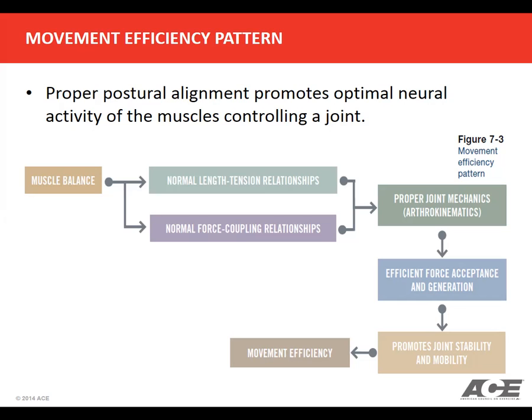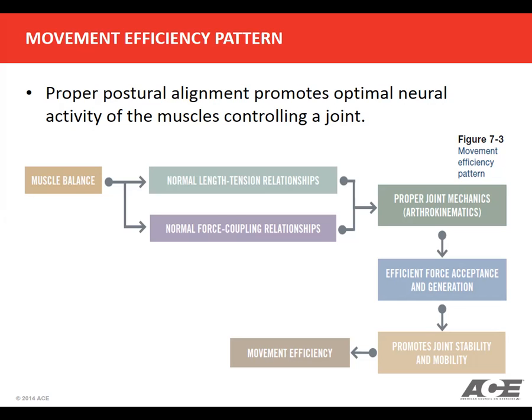Efficient force acceptance and generation comes with proper joint mechanics. So, if you don't have good joint mechanics and say you jump off a high wall or something like that, if you don't have good bend in your knees and hips and things like that, you could put yourself at risk for injury.